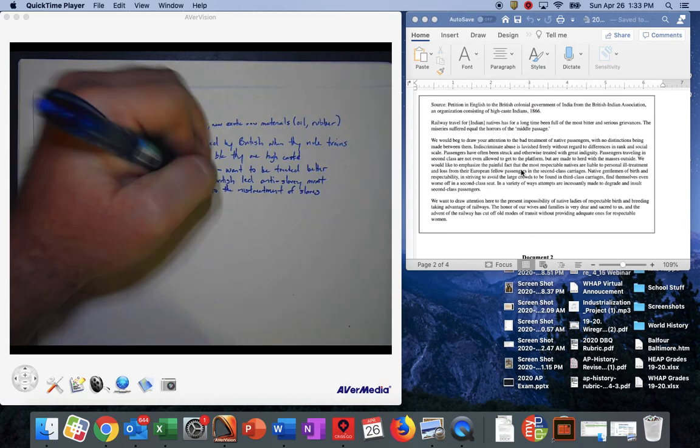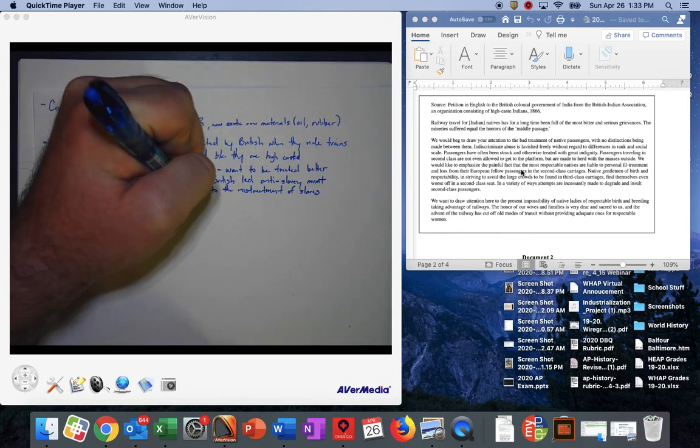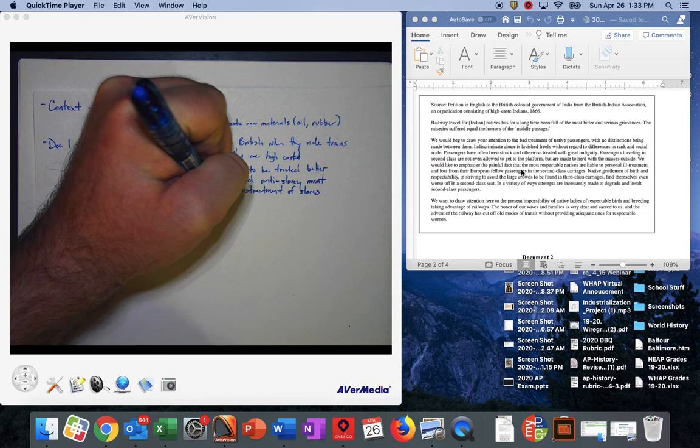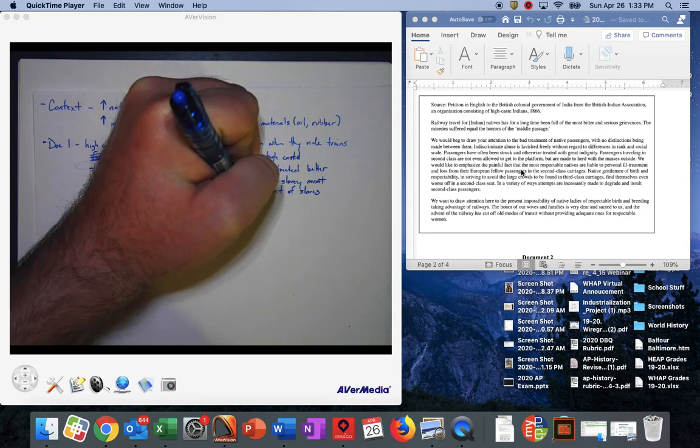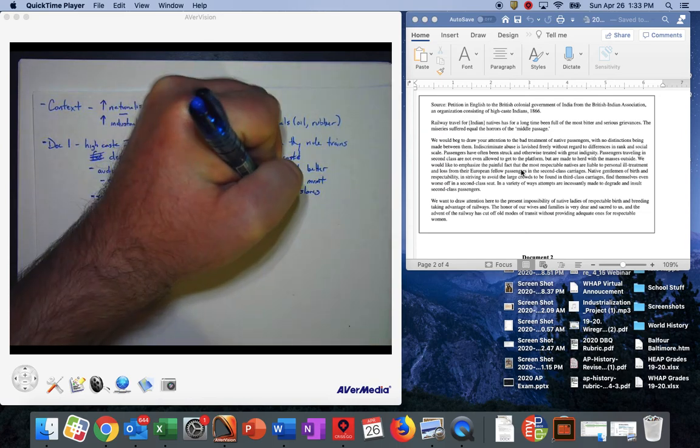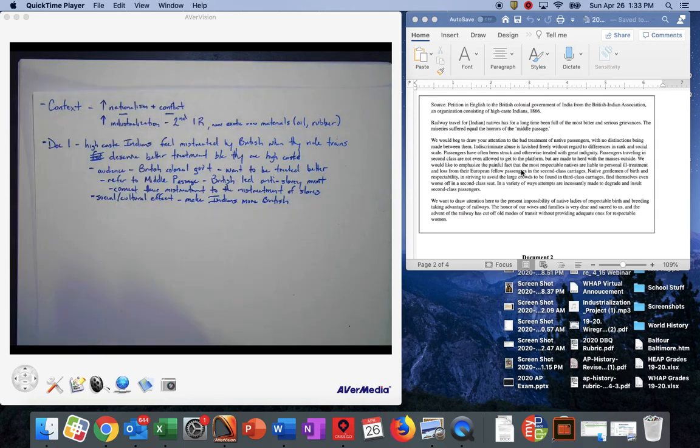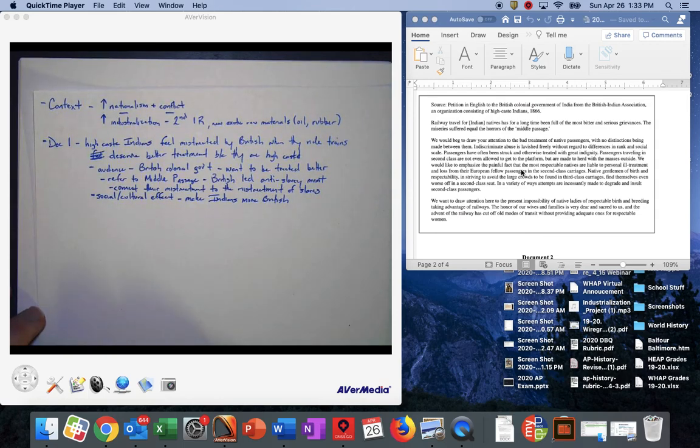Right? We want to make the Indians more British. Remember, when we talked about imperialism in the past, one of the big motivations was to quote unquote civilize people who weren't European.